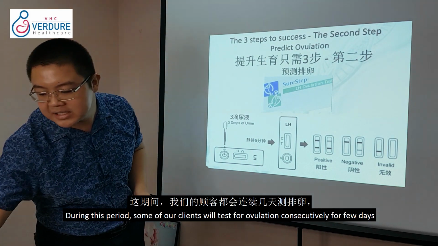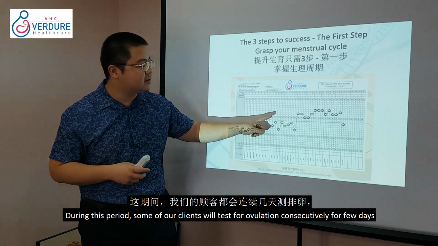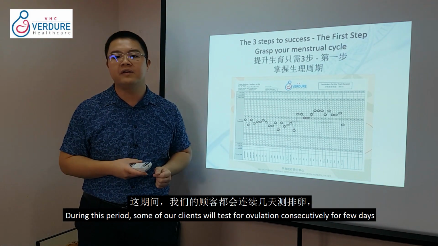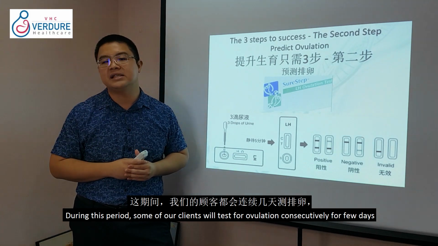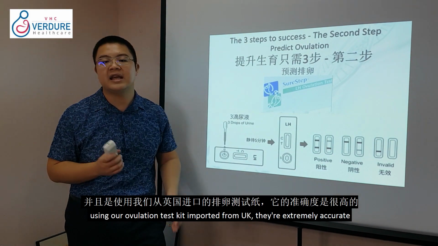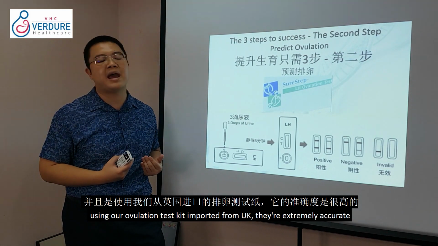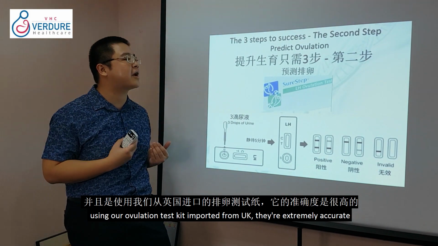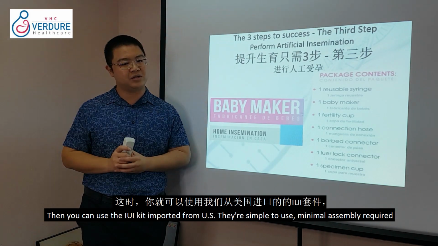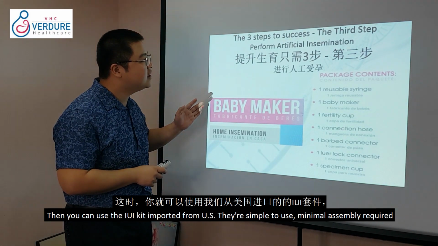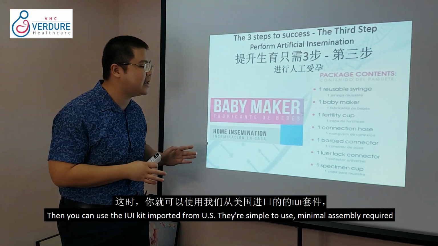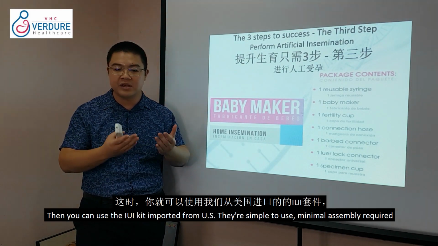During this particular window, some of our clients test for ovulation for a few days consecutively using our ovulation test kit imported from the UK. They are extremely accurate. Once ovulation has been confirmed, you can use the artificial insemination toolkit that we have imported from the US.